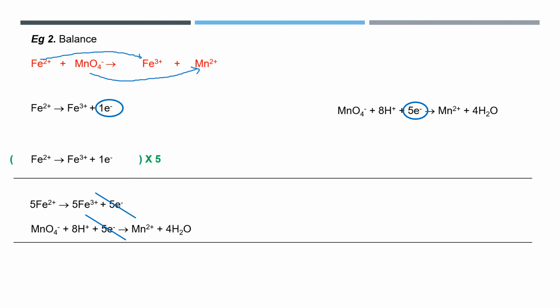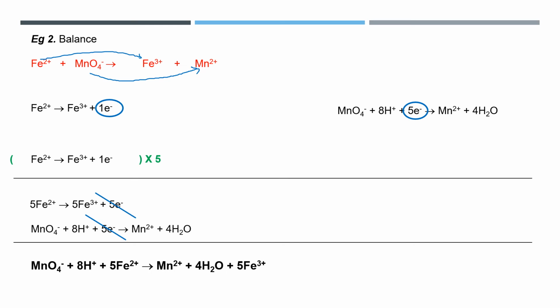So once the 5 electrons are cancelled out, bring all the reactants together. This is what we get, and put all the products together. So we will have 1 mole of permanganate plus 8 H plus and 5 moles of Fe2 plus, giving you 1 mole of Mn2 plus, 4 moles of water, and 5 moles of Fe3 plus.